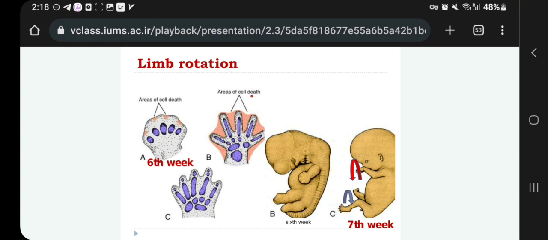So in the 4th week, start of the limb bud. In the 5th week, we have a limb bud that's like a paddle, like a paddle in a boat. It's like that.